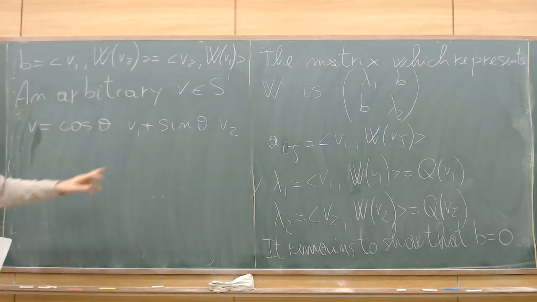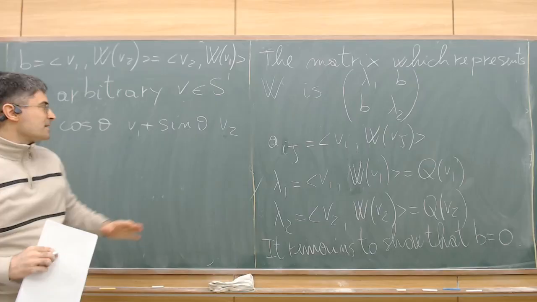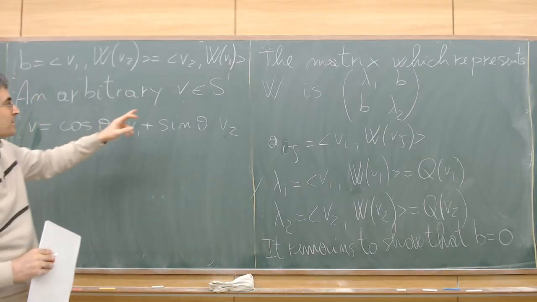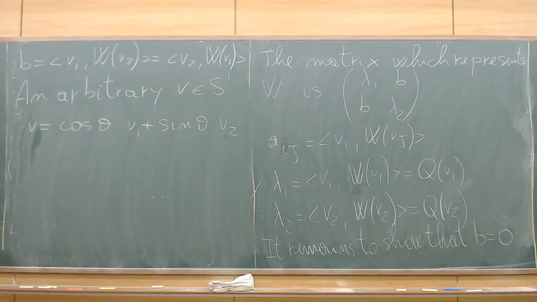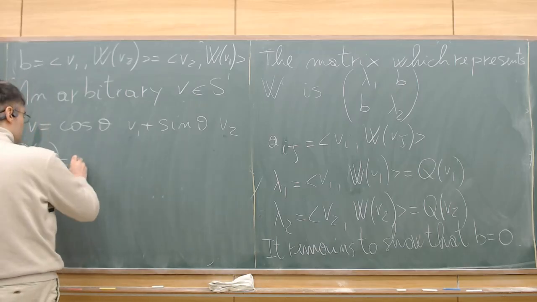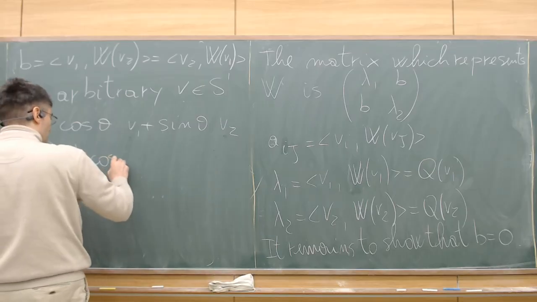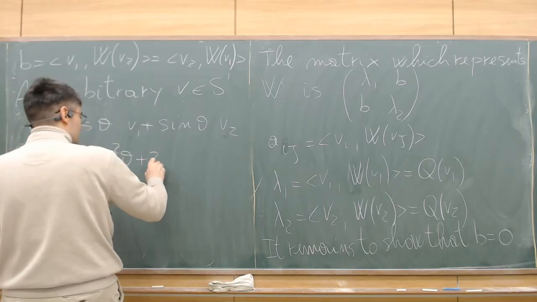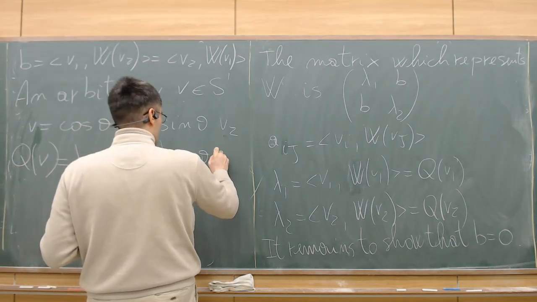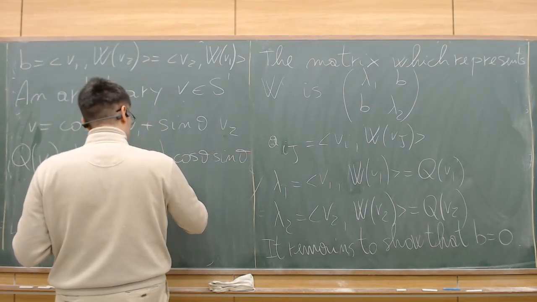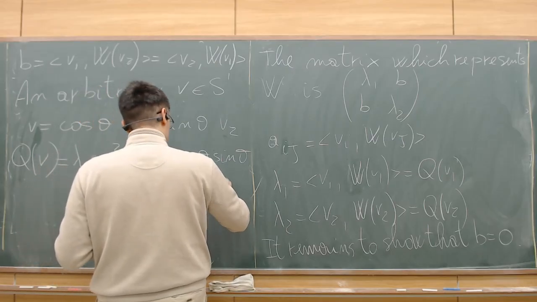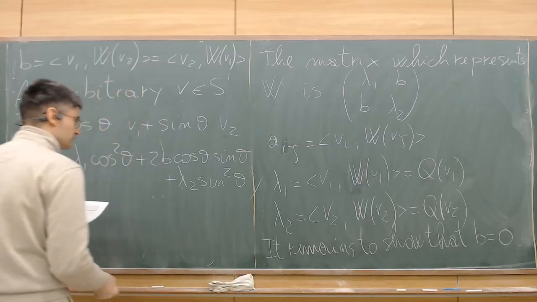Remember that V1 and V2 are our orthonormal basis, so any other vector in S1 can be written this way. We need to compute Q at V. If you make this computation, you will find lambda 1 cosine squared of theta plus 2B cosine theta sine of theta plus lambda 2 sine squared of theta.